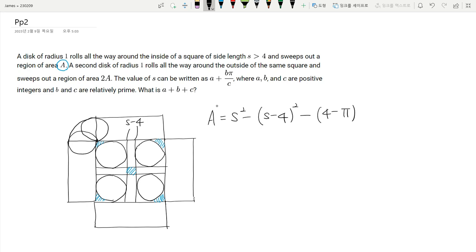So for the area swept by the disk, we need to add the area of these rectangles. There are four rectangles, and there are four sectors. And this area makes the 2A.